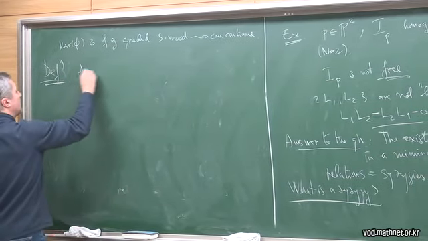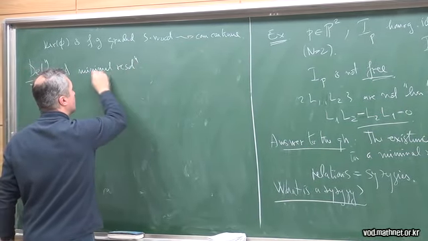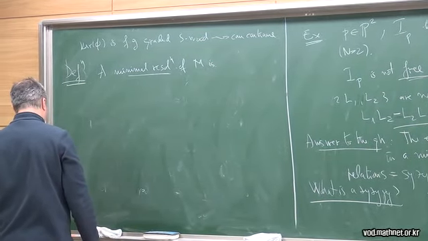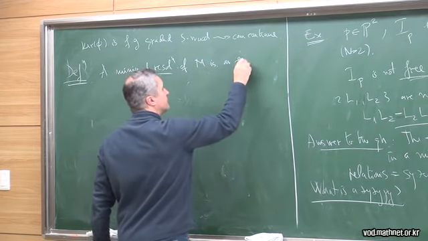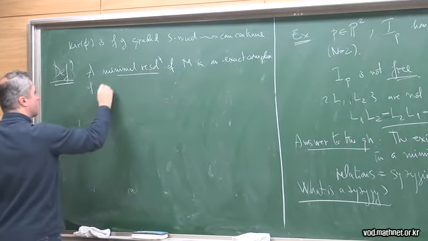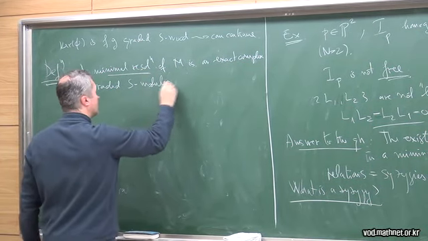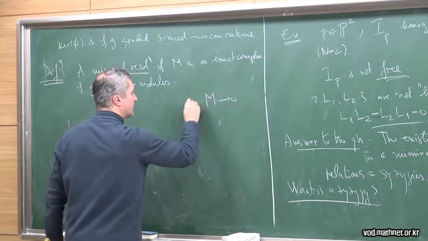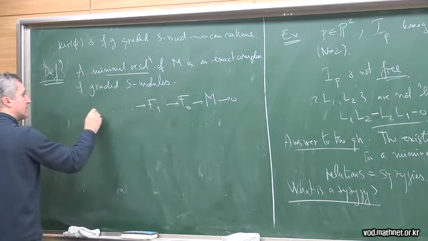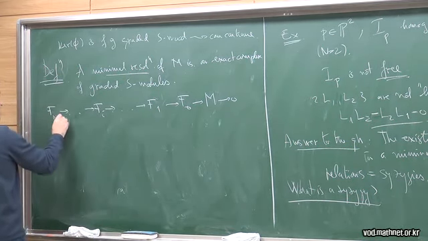A minimal resolution of M is an exact complex of graded S-modules, and I write it like that: F0, F1, Fi, and so on, Fn plus 1.